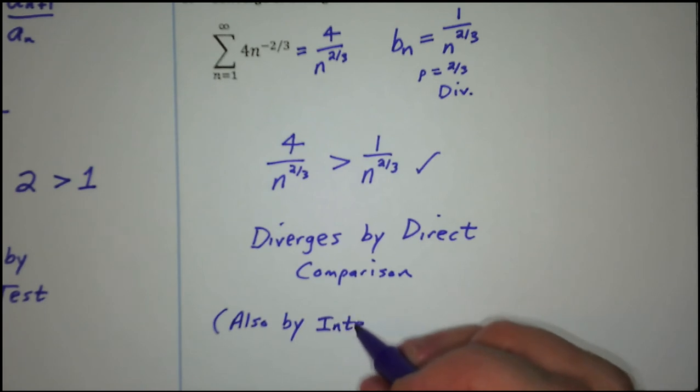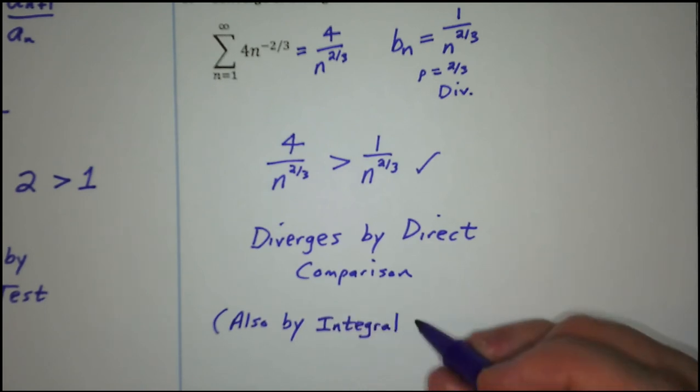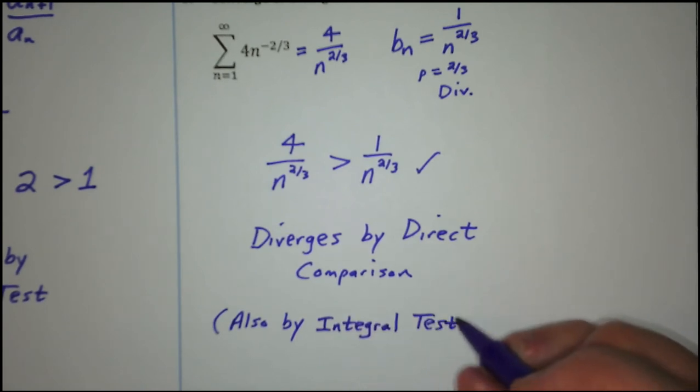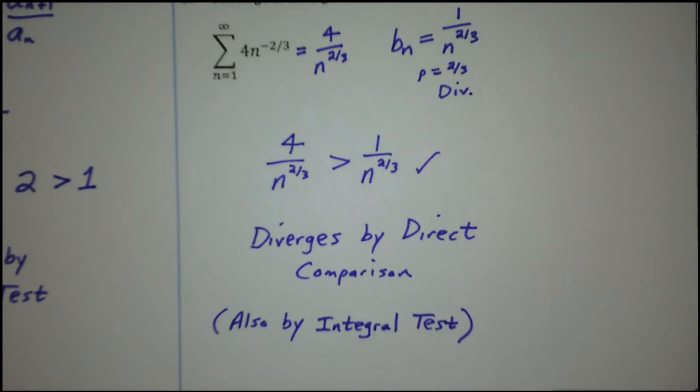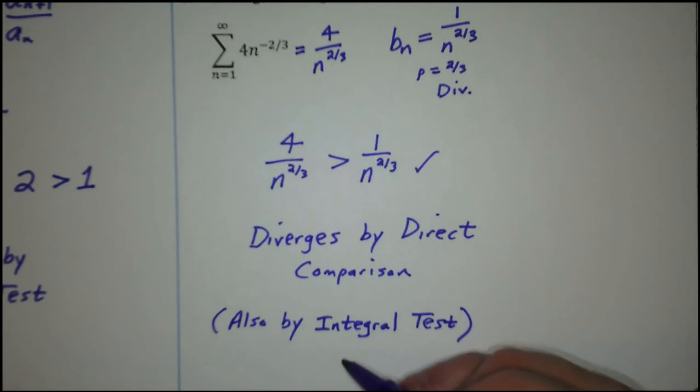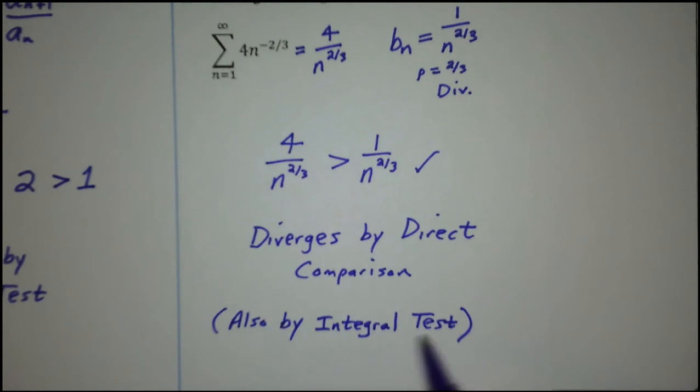So if you got an answer by doing an integral test, you were probably correct. If you have any questions about using the integral test, just let me know. But I'm pretty sure you could have also done integral test to figure out that it diverges.